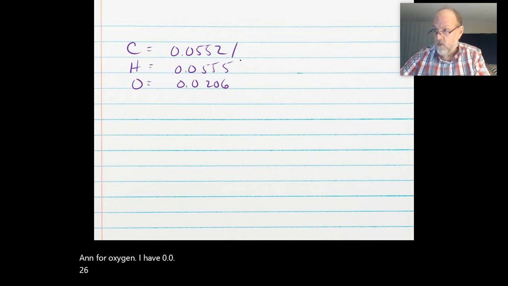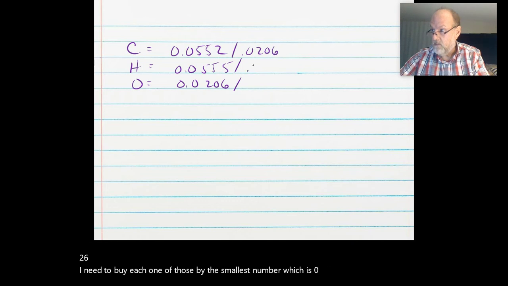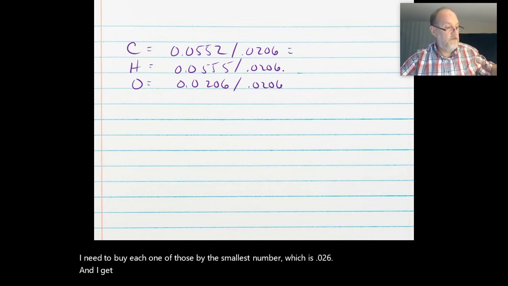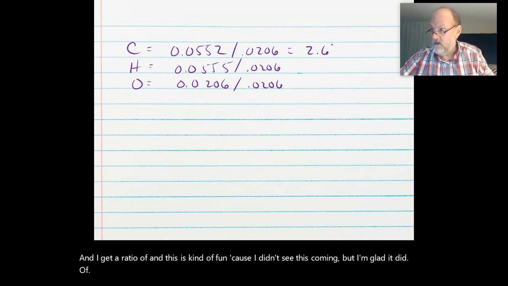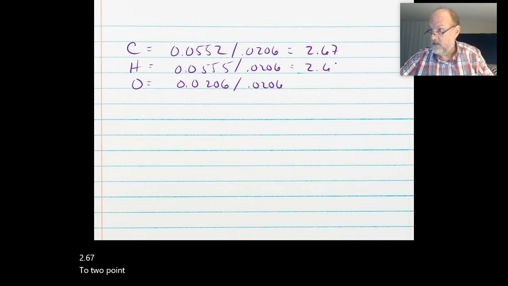I need to divide each one of those by the smallest number, which is 0.0206. And I get a ratio of, and this is kind of fun because I didn't see this coming, but I'm glad I did, of 2.67 to 2.67. I think it's trying to be 6.8 to 1.